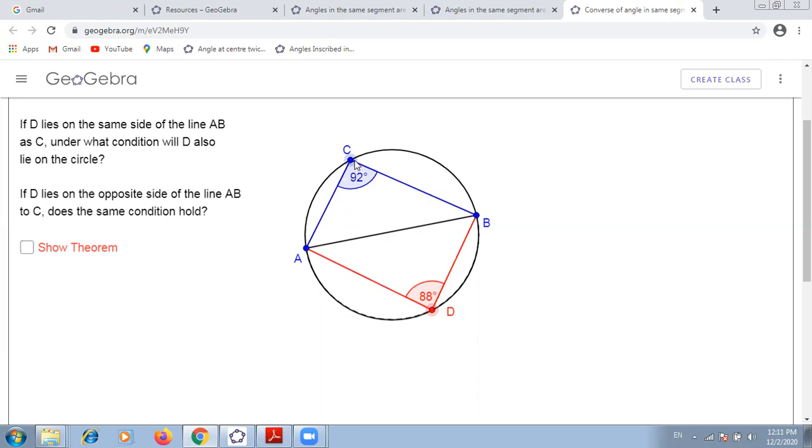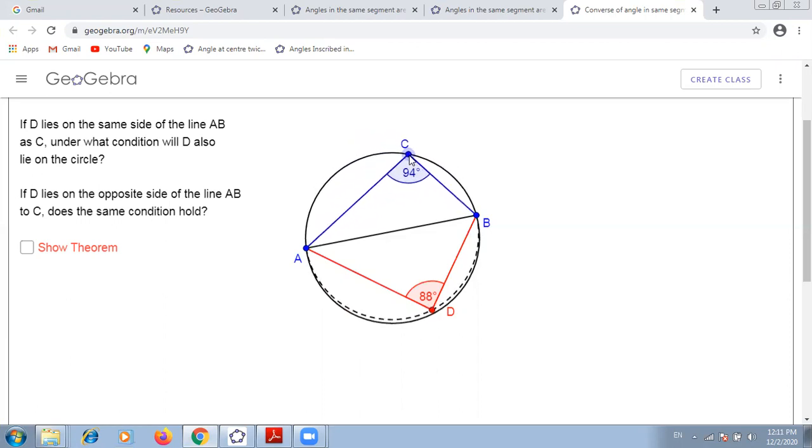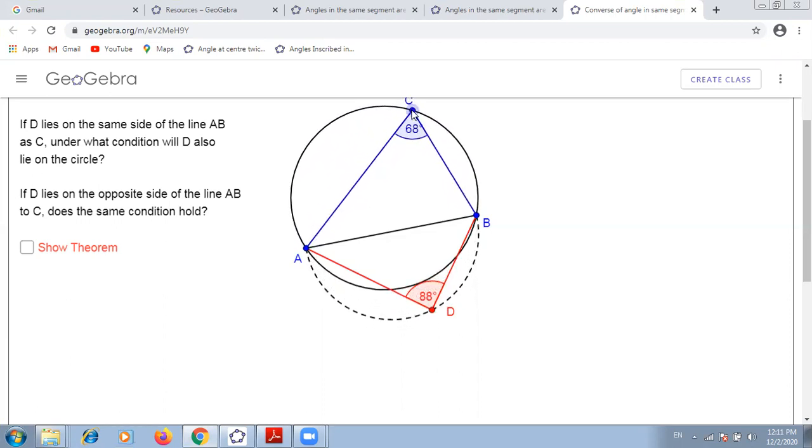If I move this point, like here, and drag this point again on the circle, you can see the sum is 180. The opposite angles of a cyclic quadrilateral sum to 180. For a cyclic quadrilateral, all 4 vertices of the quadrilateral should lie on a circle.